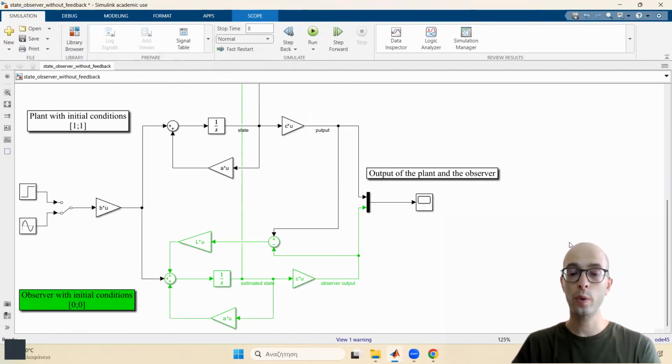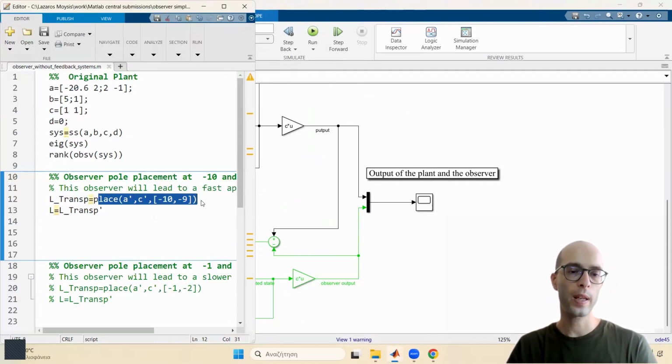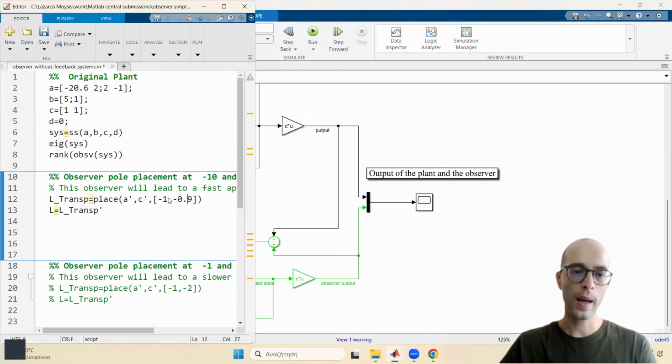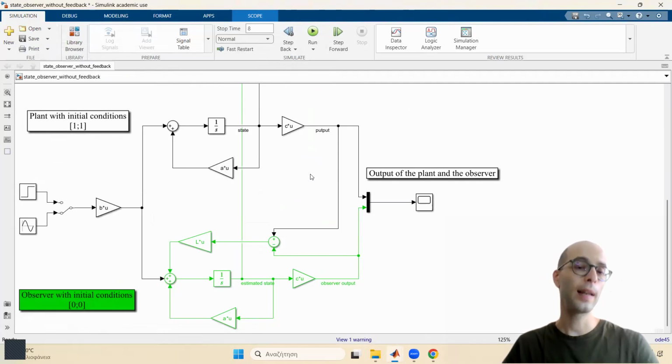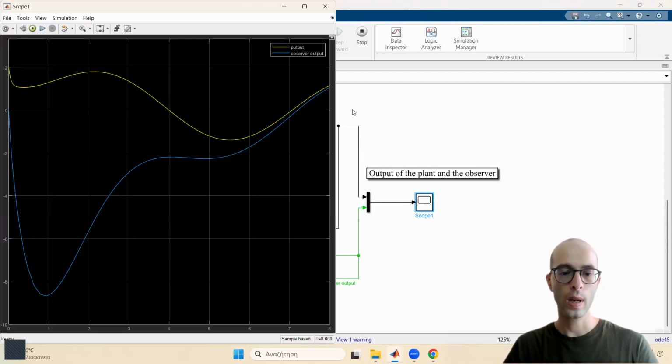The more to the left we put the eigenvalues of this pole placement problem right here, the faster the convergence is going to be. Let me give you another example. If I place them at -1 and -0.9 and rerun the simulation, initially it took 1 second pretty much. Now it's going to take much, much longer. Now you see that it takes more than 8 seconds.